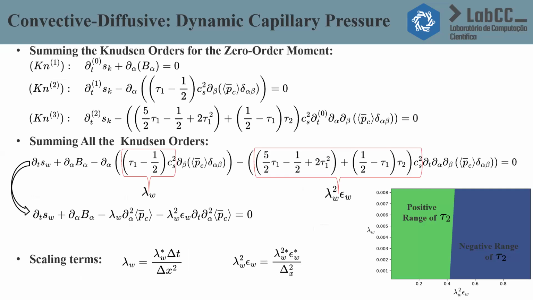I recover the constitutive terms for the diffusive term in the same way as the last formulation. It depends only on tau 1, but the second constitutive term is a function of both relaxation times, tau 1 and tau 2.